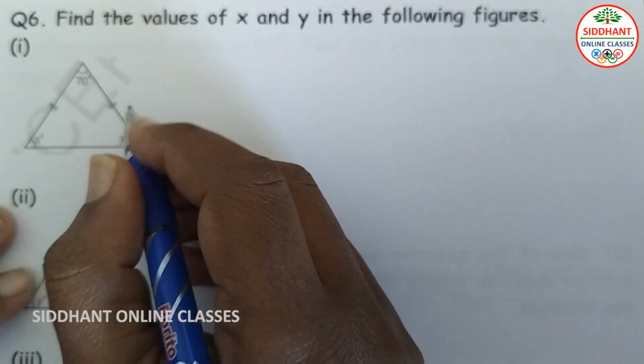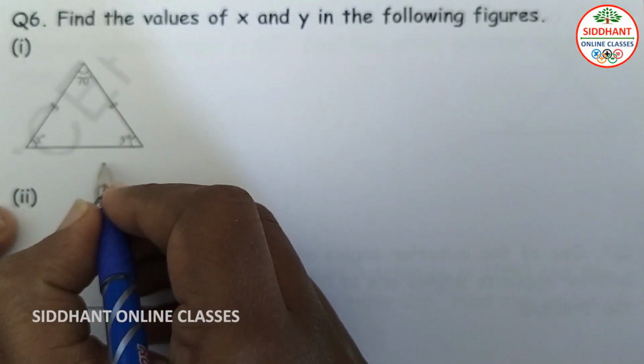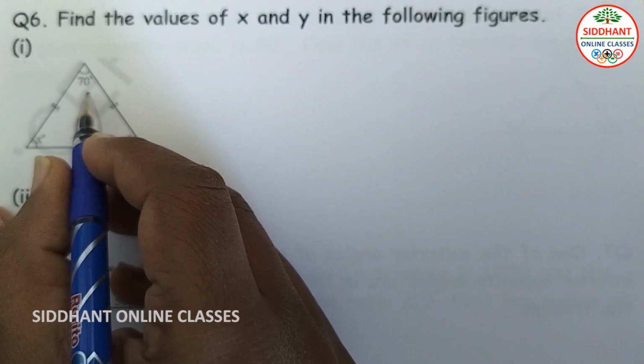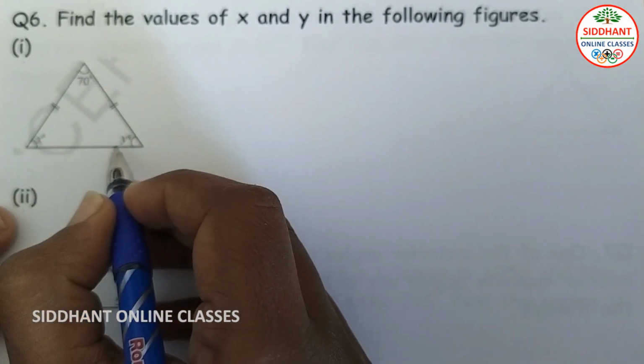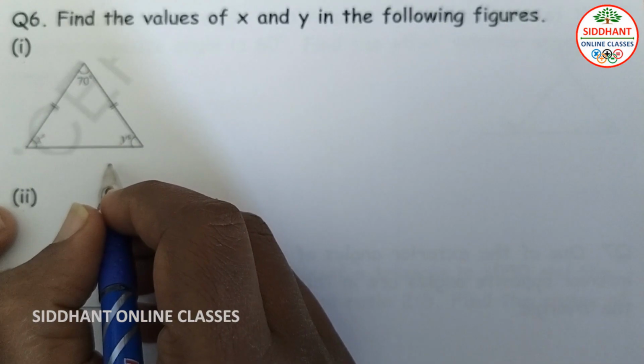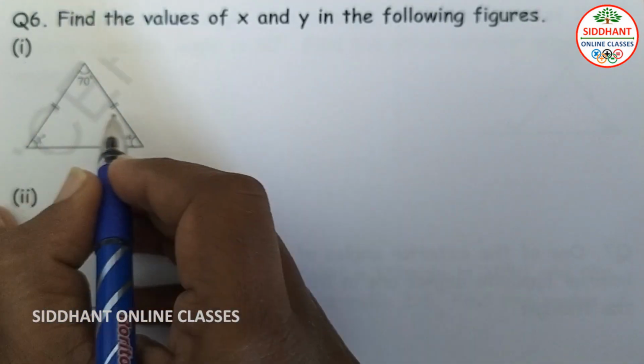Question number 6. Find the values of x and y in the following figures. So in the first figure, the angle is given here 70 degrees and x and y we are going to find out. So in the figure they are given, the sides are equal here.